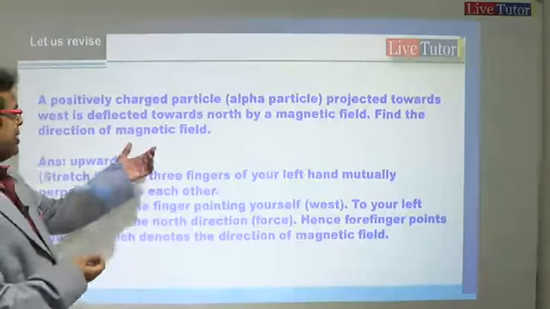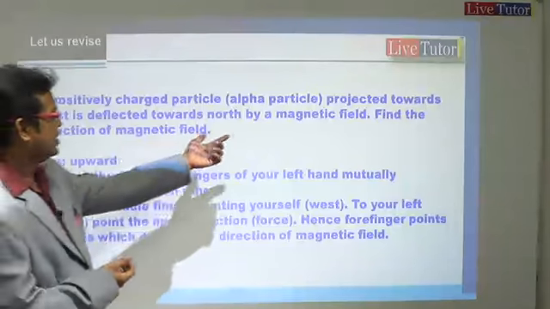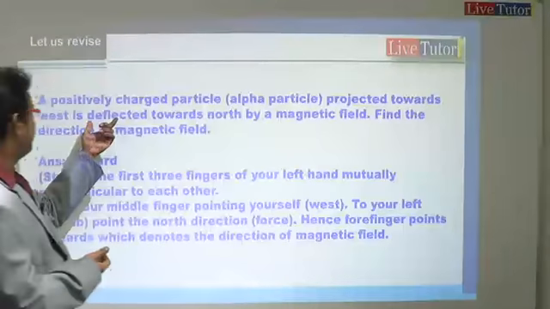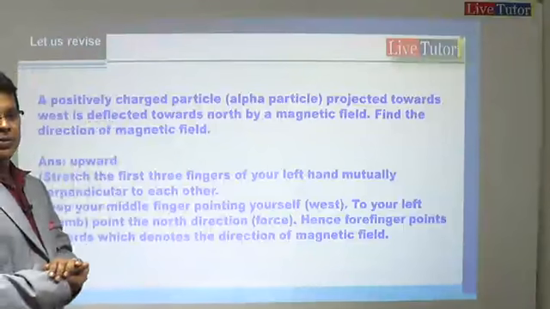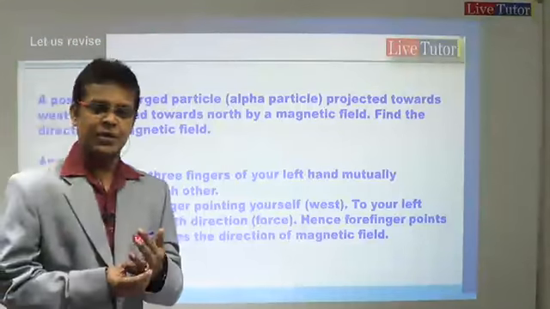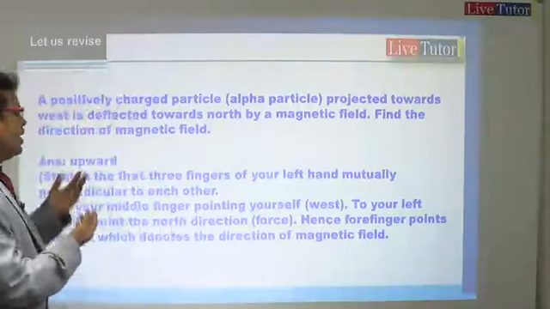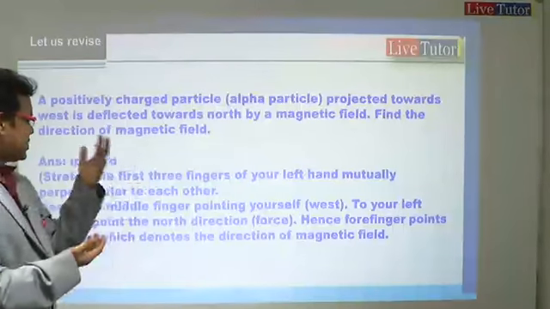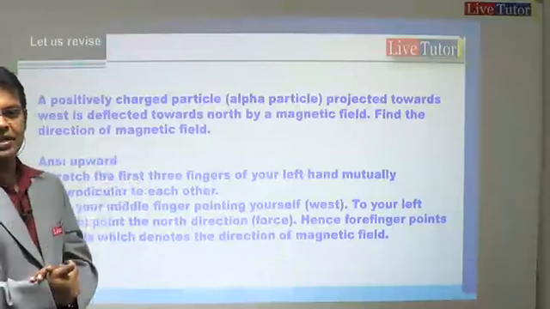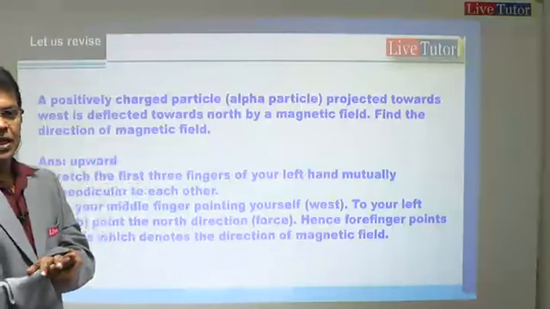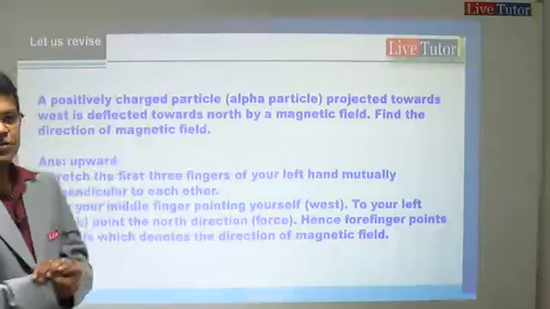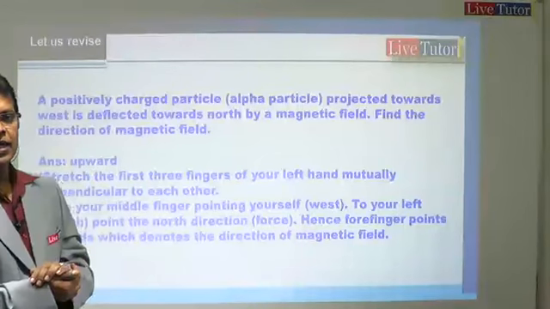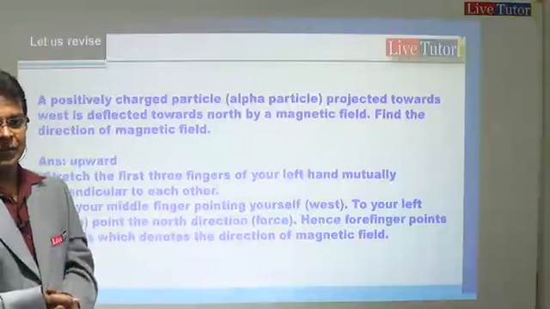Whenever there is a concept regarding the magnetic field and the direction of a particle, we have to apply the left-hand rule. First, stretch the first three fingers of your left hand mutually perpendicular to each other. Now the particle is projected towards the west direction.